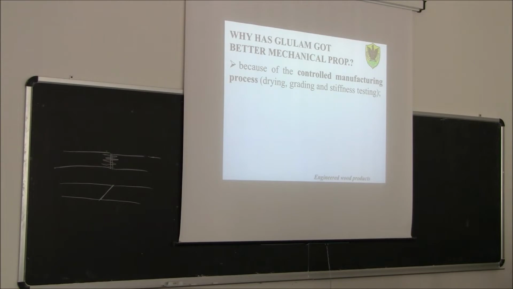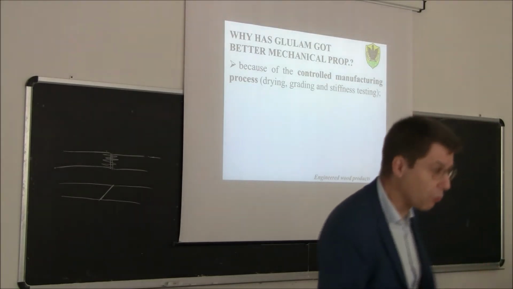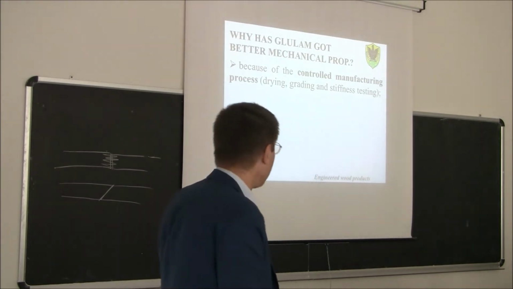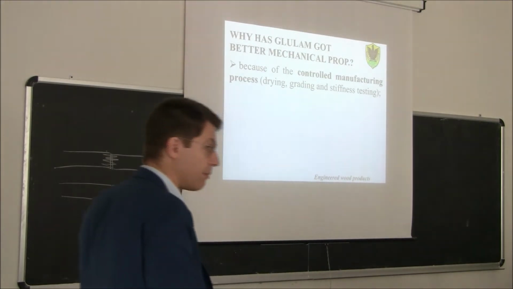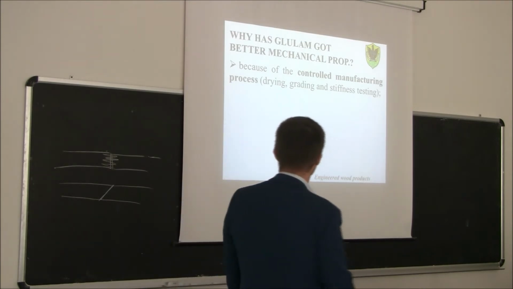Why is that? First of all, because of the controlled manufacturing process. To produce the glulam, in order to glue well, I need to dry the timber, I need to grade the timber, I need to do some stiffness testing.